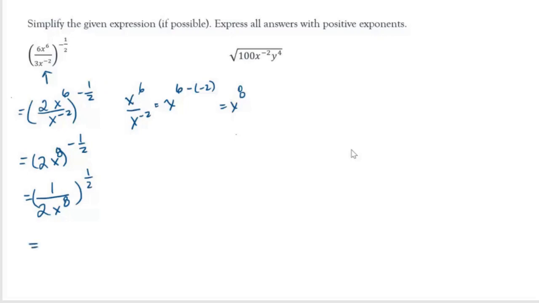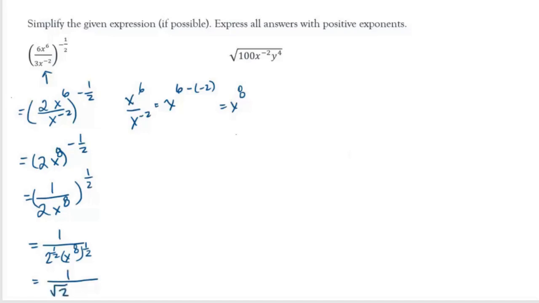At this point, we take every single thing inside the brackets and raise it to the power of 1/2. So that gives us 1 to the 1/2, and 1 raised to any exponent is still 1, 2 to the 1/2, and x to the power of 8 to the 1/2. Now this one's a little bit different from our previous questions because 2 isn't a perfect square. So you can leave this as 2 to the power of 1/2, or you can write it as the square root of 2.